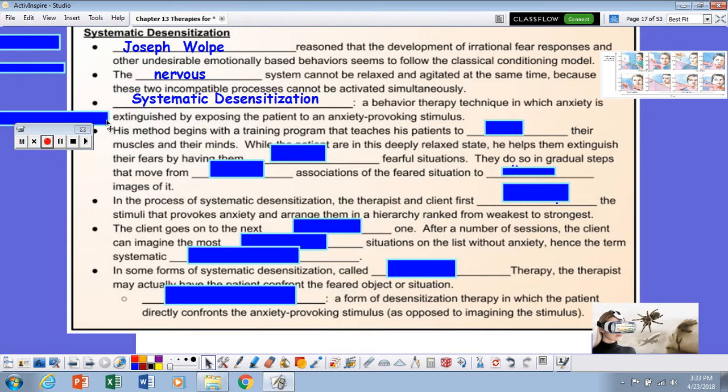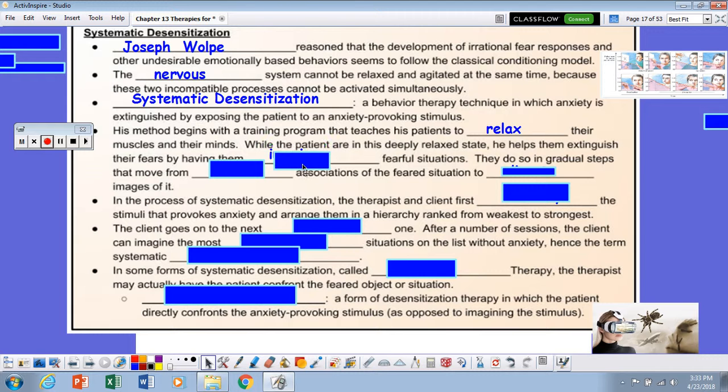So, systematic desensitization is a behavioral therapy technique in which anxiety is extinguished by exposing the patient to anxiety-provoking stimuli. His methods begin with training programs that teach his patients to relax their muscles and their minds.